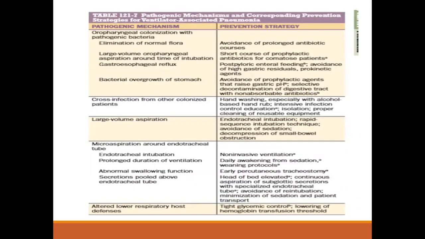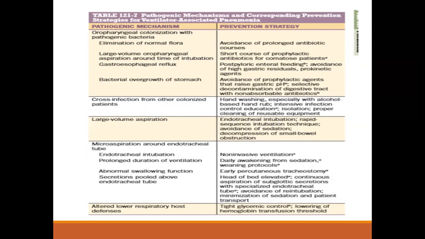Here's a table of the pathogenic mechanisms and corresponding prevention strategies for ventilator-associated pneumonia. For example, large volume aspiration. The prevention strategy is endotracheal intubation, a rapid sequence intubation technique, avoidance of sedation, and decompression of small bowel obstruction.